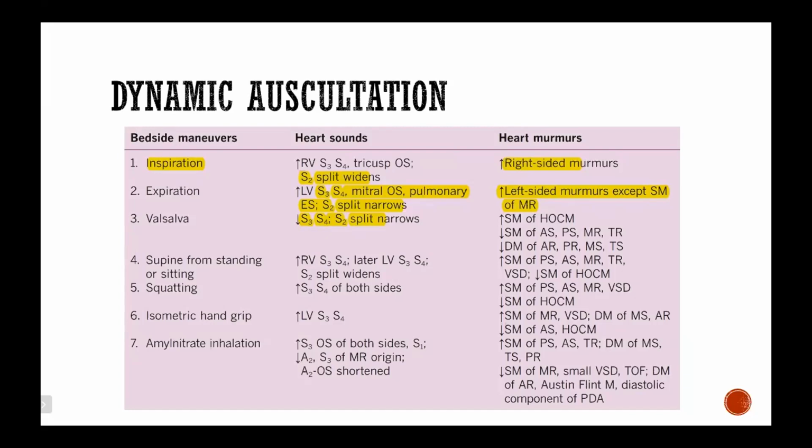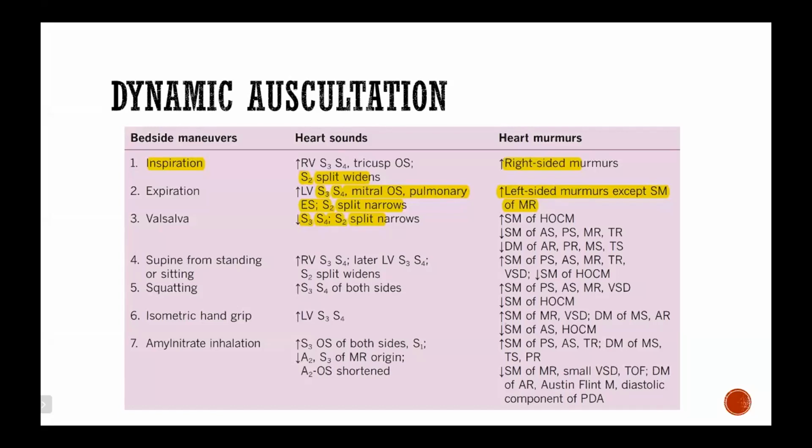So this will result in vasodilation, and because of vasodilation, there'll be a fall in the systemic vascular resistance. Because of the fall in systemic vascular resistance, the cardiac output will be high, and because of the increase in the cardiac output, the systolic murmurs of all these valvular lesions will appear loud.